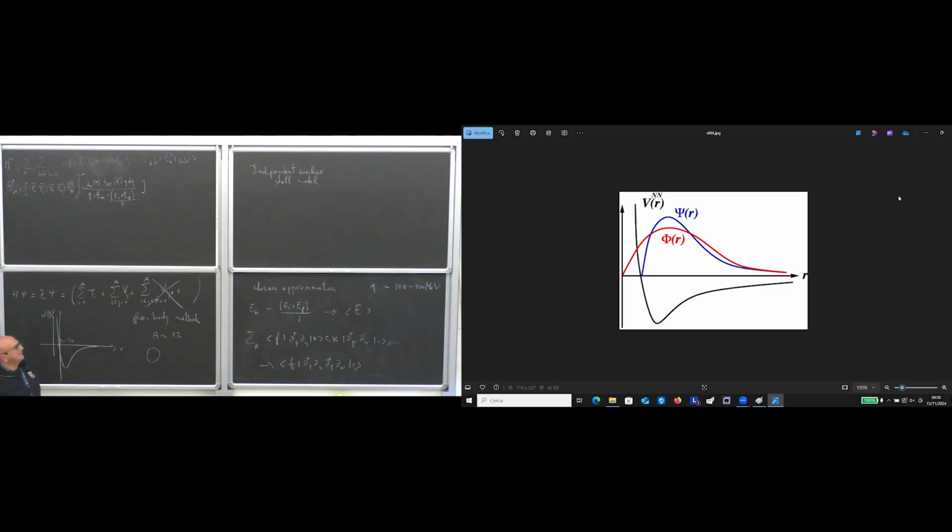So what happens is that in such a case, you need to construct effective nuclear wave functions in order to consider that the real one is equal to zero in this range. Okay? Is it clear? Please, if it's not clear, ask.